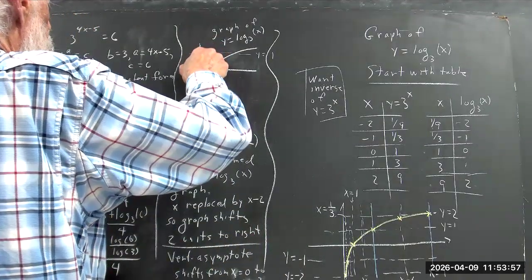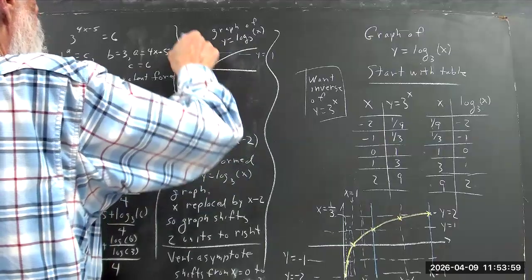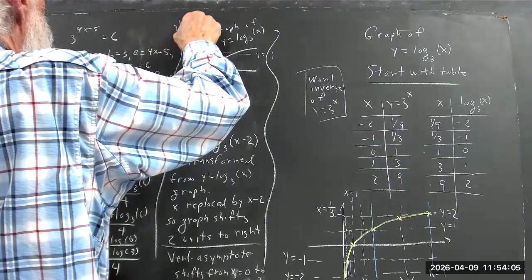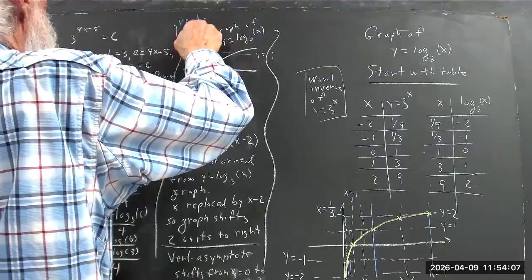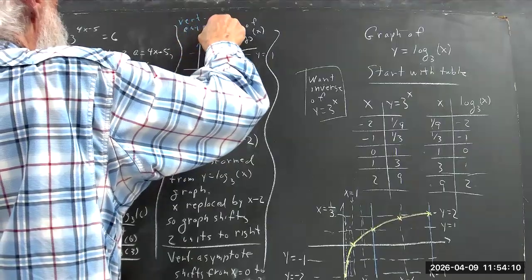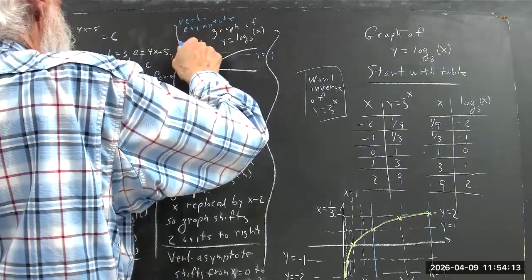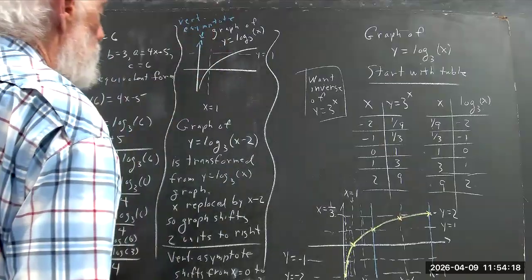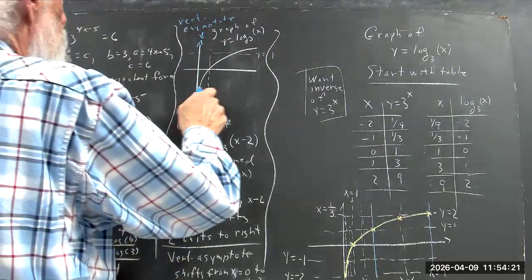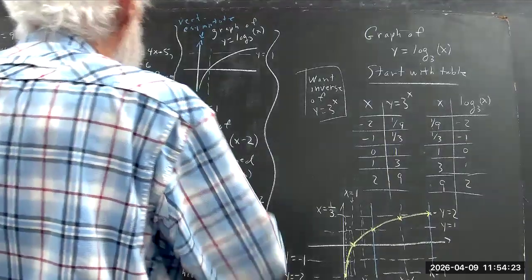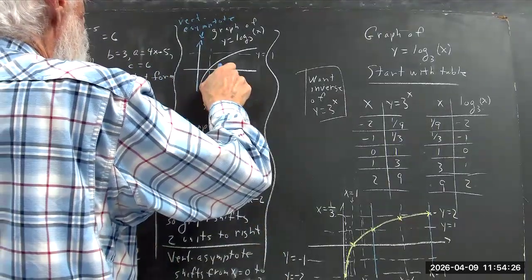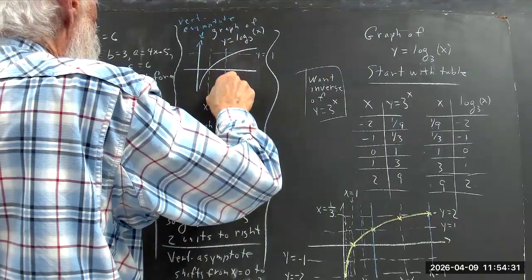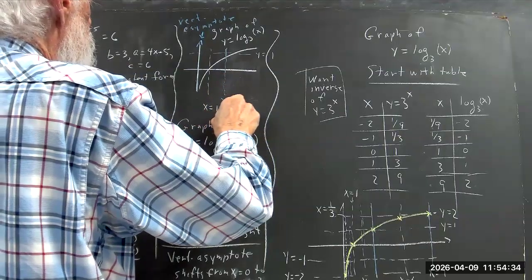So here's the original vertical axis, the asymptote. Here, it shifts 2 units to the right. That would be over to line x equals 2.